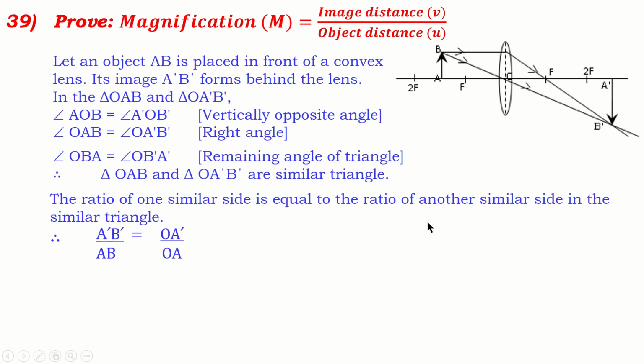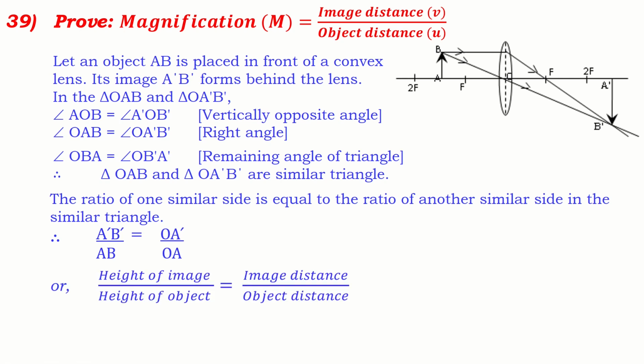That's why, what can we say? Therefore, A'B' upon AB, the ratio of these two similar sides, is equal to the ratio of these two similar sides, OA' upon OA. That's why A'B' upon AB is equal to OA' upon OA. Now we can write this way: A'B' by AB is height of image upon height of object. A'B' is height of image, AB is height of object, and this is equal to OA', which is image distance, upon OA, which is object distance.